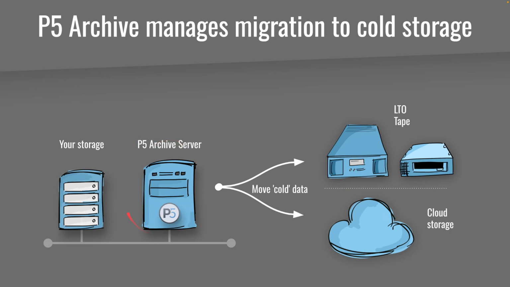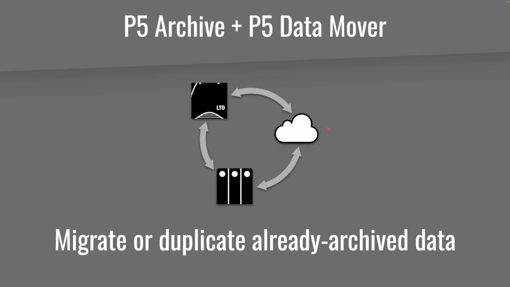P5 runs on a host and has access to various storage silos within the organization, on-prem and off-prem. With it, you're able to move data to something like a rack-mounted tape library, or a standalone tape drive, or one of the many cloud vendors that we support. In addition to being able to archive in the first instance to either tape or cloud storage, we have a migration tool called Data Mover, which allows you to pick up data which maybe you archived already some years back to, let's say, LTO5, one of the older, smaller LTO generations.